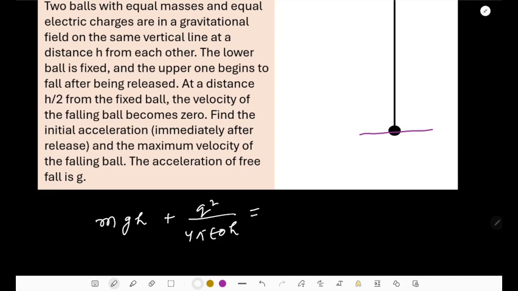When it is stopped, the gravitational potential energy becomes mgh by 2, and the electrostatic potential energy will be q square over 4 pi epsilon naught h by 2.